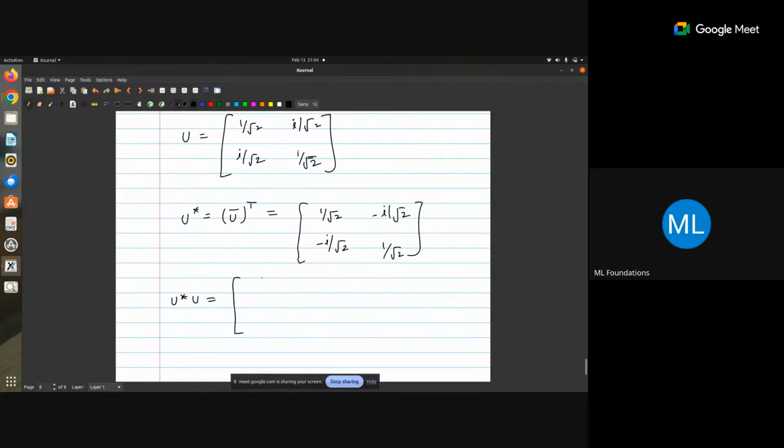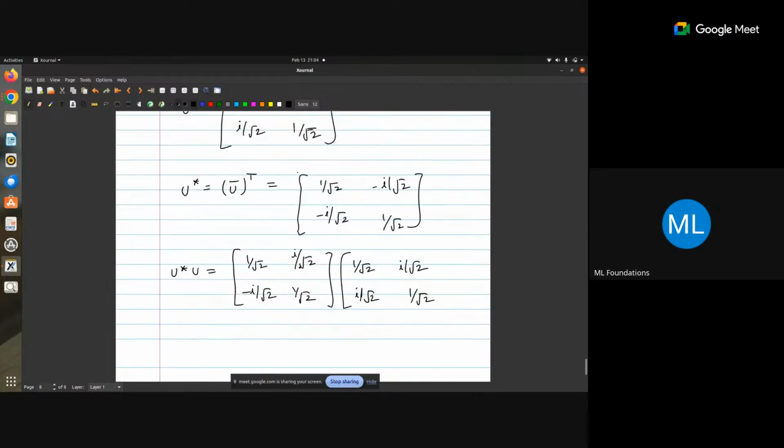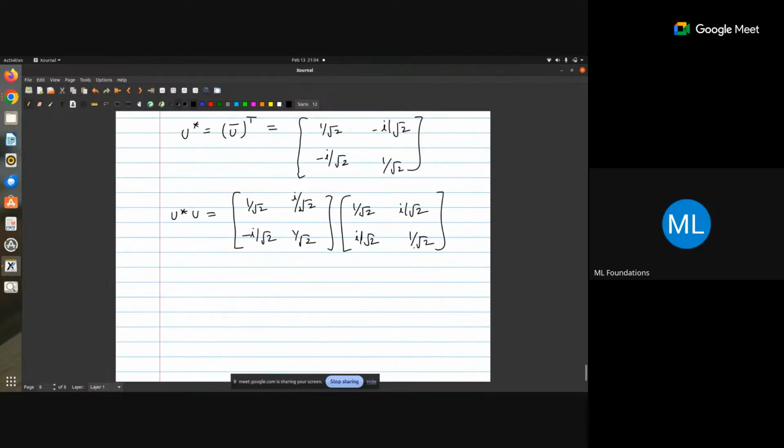So what is u star? 1 by root 2, minus i by root 2, i by root 2 and 1 by root 2. Now what is u? u is 1 by root 2, i by root 2, minus i by root 2 and 1 by root 2, right? Okay, so what is the multiplication? It's a 2 cross 2 multiplication, so I'll get a 2 cross 2 only, right?